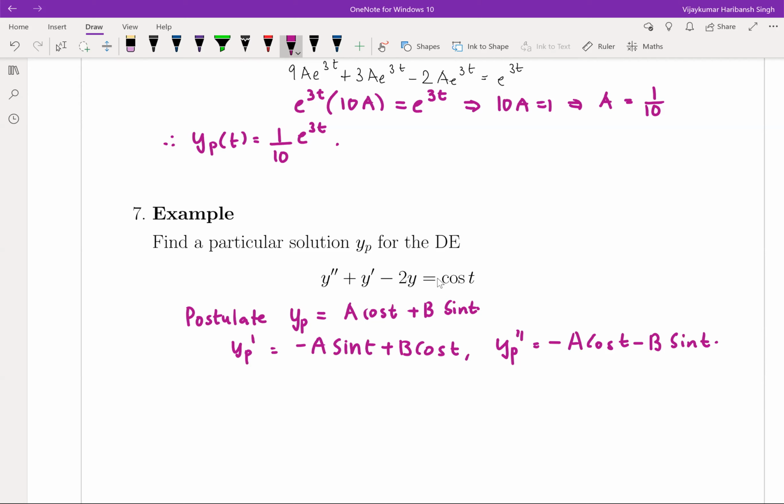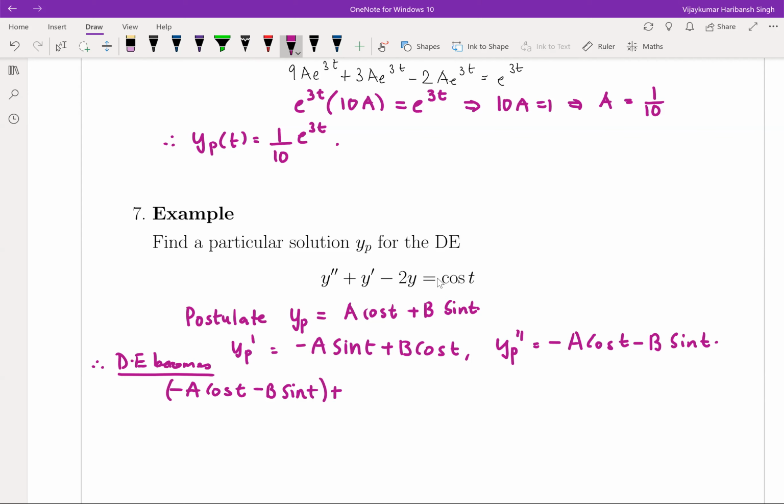Now plug this into the equation. So the equation becomes minus a cos t minus b sine t. This is y double prime.